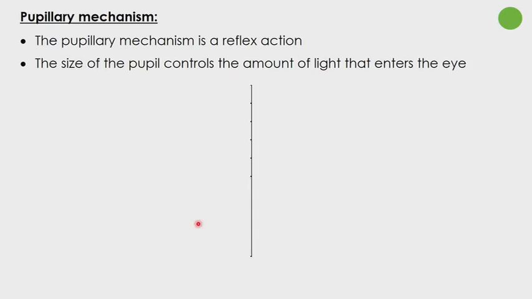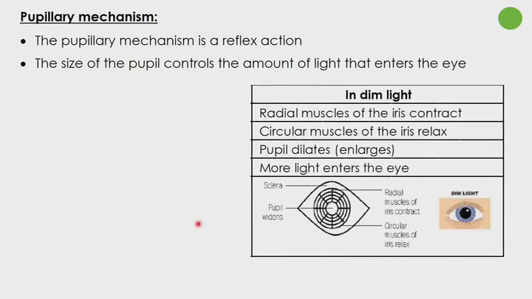Now, in the event where we have a dim light situation, so you walk into a dark room, we find that our pupil will dilate, which means that it enlarges. The reason for it is we want as much light to enter through into our back chamber so that the photoreceptors can be stimulated and we can actually see as much as possible in dark environments.